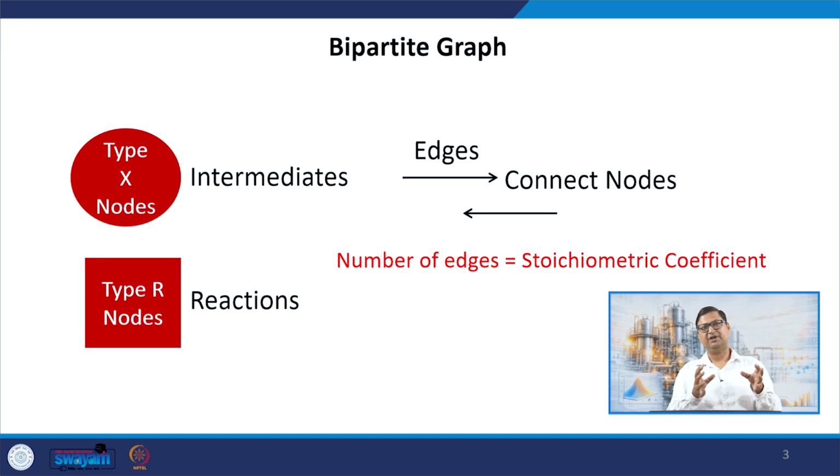One is for the intermediate, the other is for the reaction, right? And the edges now don't have the meaning of a chemical reaction. The edges now connect the nodes, as we will see. But the number of edges that we have basically represents the stoichiometric coefficient for the chemical reaction, right?